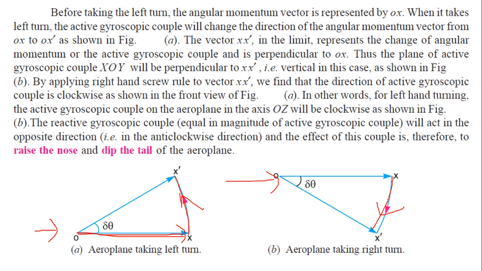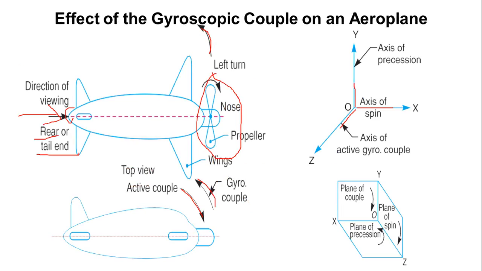You can see in this figure the vector moving from X to X dash, that is representing the change of angular momentum or the active gyroscopic couple, and it is perpendicular to OX. Thus the plane of active gyroscopic couple will be XOY and will be perpendicular to XX dash. This is about the vertical in this case as shown in this figure P.